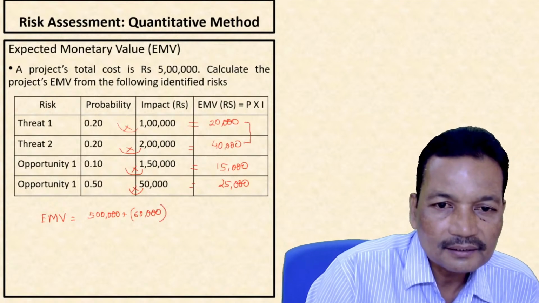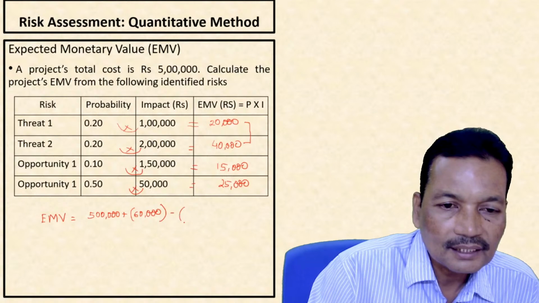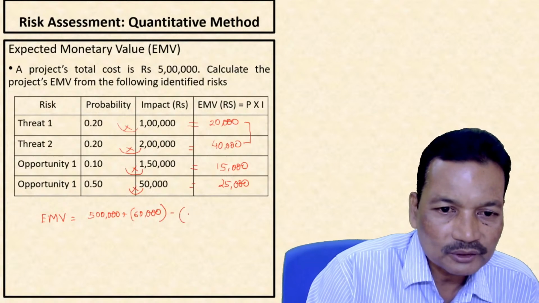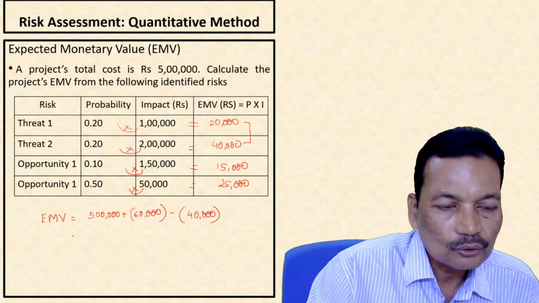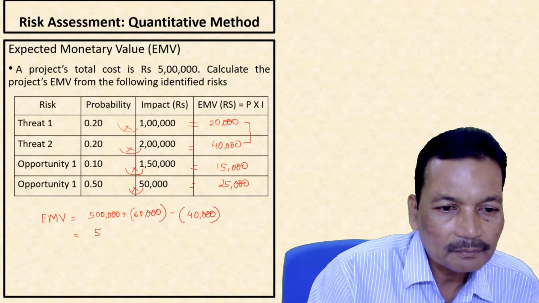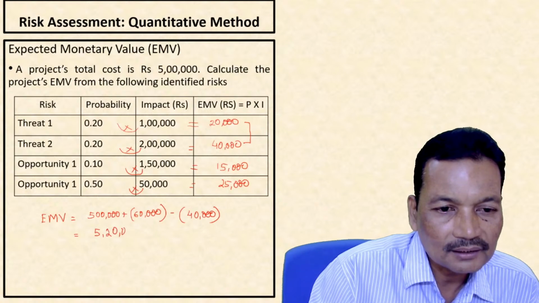Minus how much is the cash inflow due to positive impacts? Now 40,000. So total becomes 5 lakh 20,000.